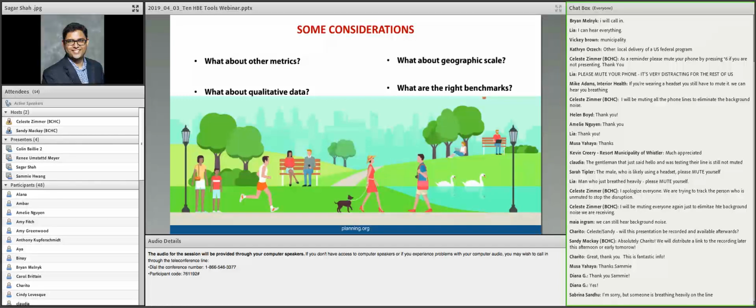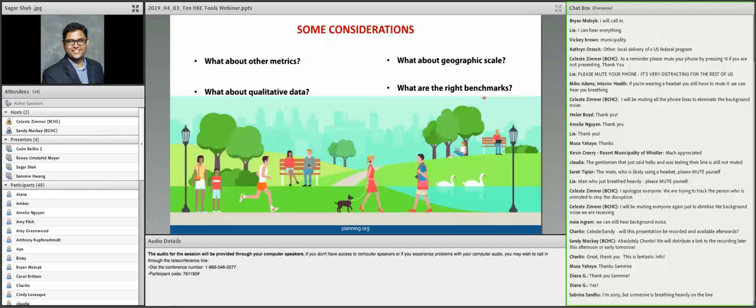The second question is, what about qualitative data? All the proposed built environment indicators in this toolkit are quantitative in nature. That was intentional because quantitative data are often more readily available to planners in terms of GIS data, census data, ACS data, and are usually simpler to measure rather than going out and doing a survey, where many times we hear they don't have enough resources or time to do that.